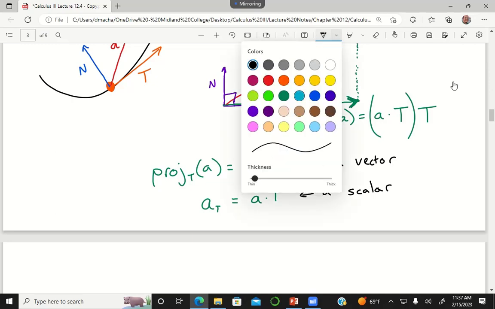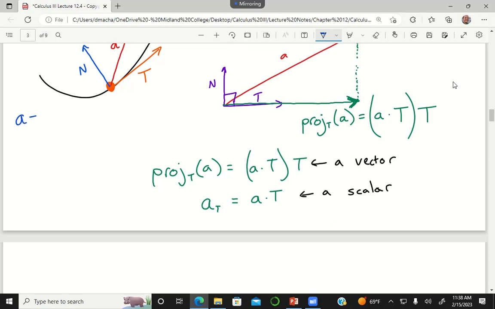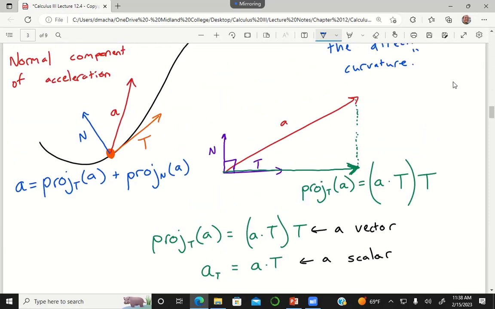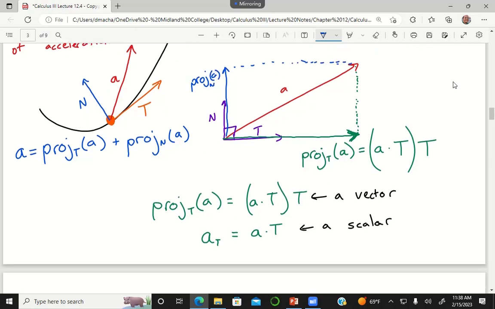So that means, since a is the sum of the projection of a onto t plus the projection of a onto n, then if I want to find the projection of a onto n, I could either do a dot n times n, and so a sub capital N would just be a dot n.